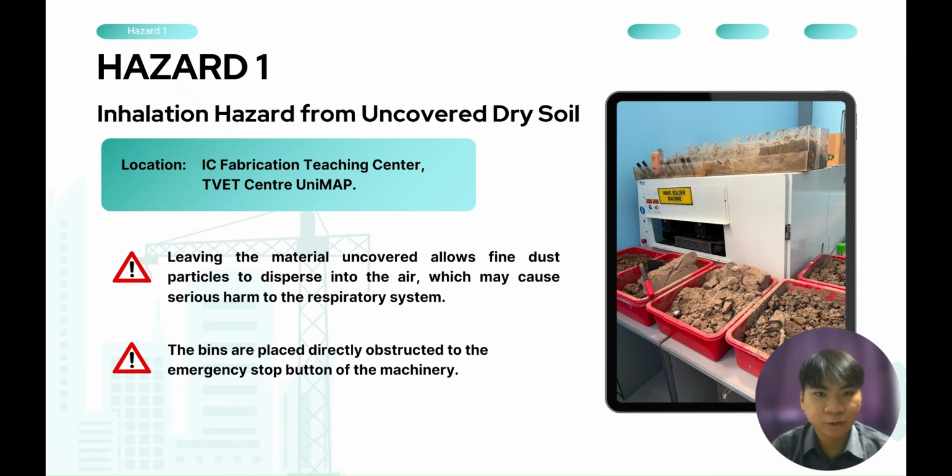The first hazard found in the IC Fabrication Teaching Center is the inhalation hazard from uncovered soil. As you can see, the dry soil is left uncovered, and it allows fine dust particles to disperse into the air, which may cause serious harm to the respiratory system. Furthermore, the bins are placed directly obstructing the emergency stop button of the machine.